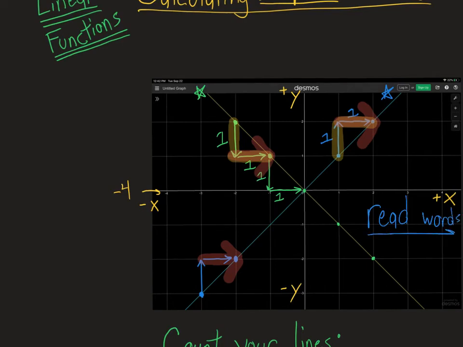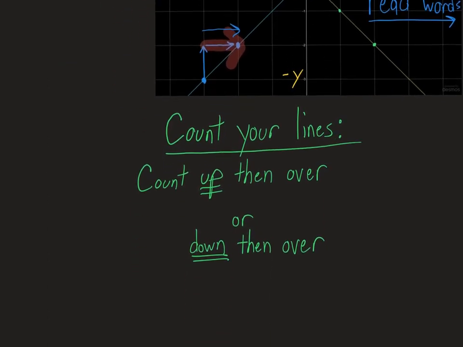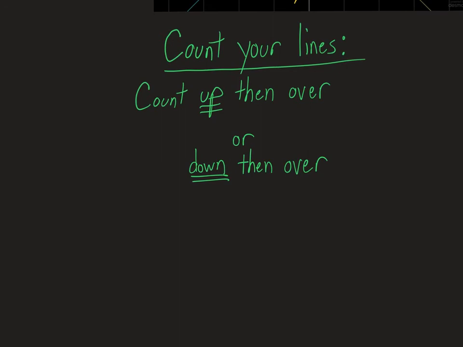I read left to right. You learned that in first grade. Well, slope is read the same way as you read your words in English. You always read left to right as you count across your slope, okay? Notice we're always going left to right as we read that line. Let's also take that into our notes because that's important.